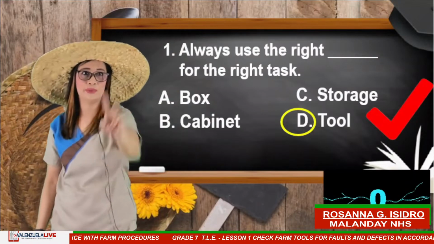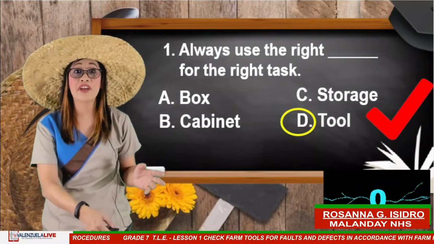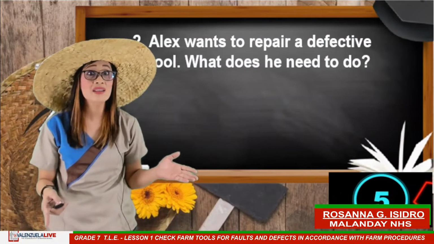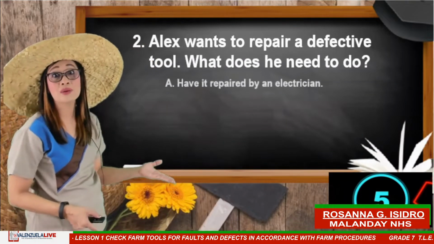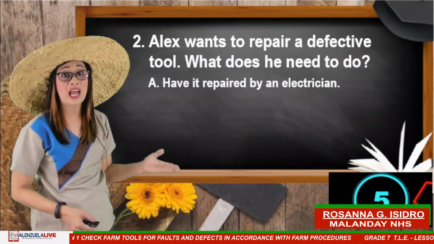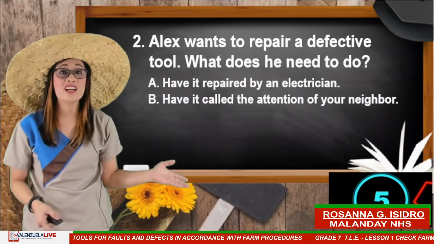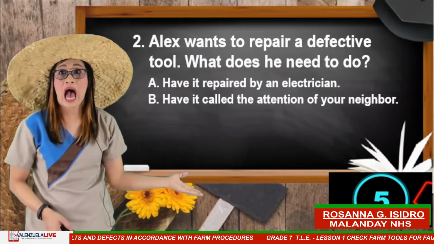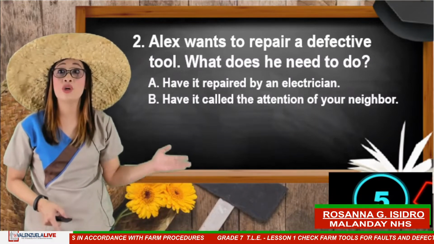Number 2. Alex wants to repair a defective tool. What does he need to do? It is letter A, have it repaired by an electrician, or letter B, have it call the attention of your neighbor. Letter C, have it clamp the tool blade in a bench vise.